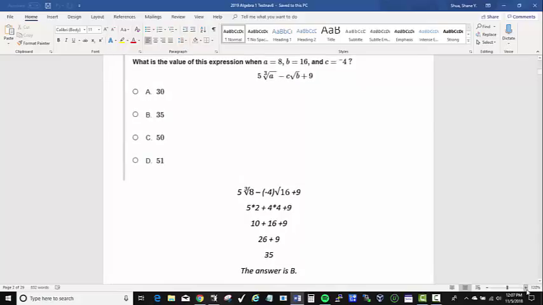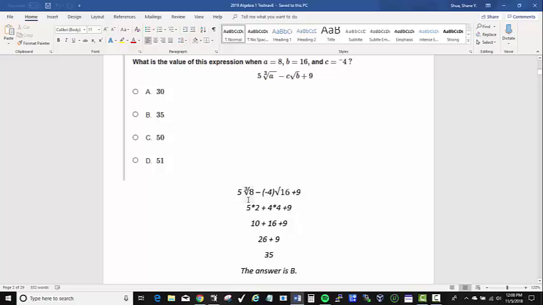So 5 times the cube root of a, and a is 8, so that's 5 times the cube root of 8, minus c, which is -4, so minus -4, times the square root of b, and b is 16, plus 9.